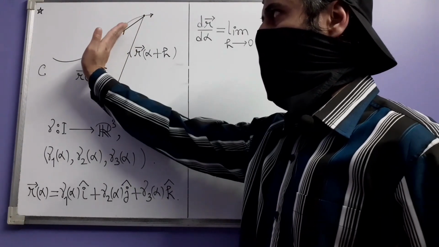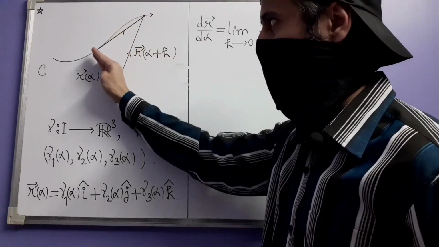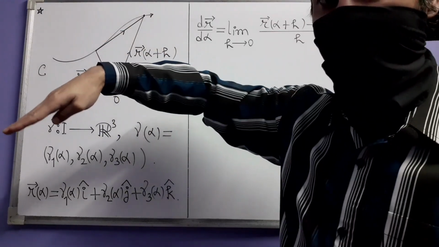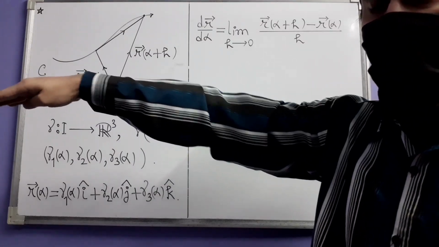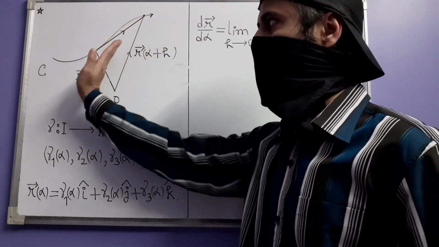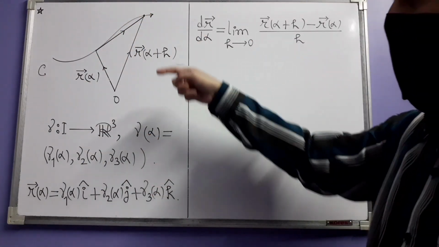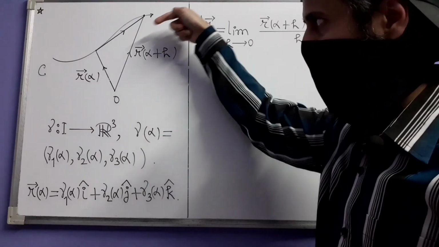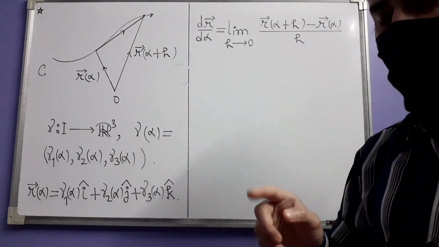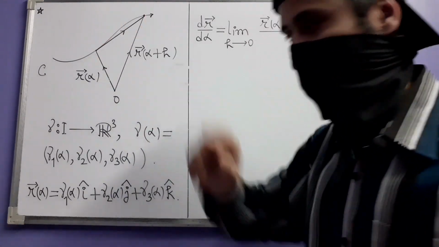It does not matter in what way it changes as this point slowly approaches this, but that general direction does not suddenly get flipped and become that direction. Okay. So it maintains this sense even as it changes. And in the limiting case, you get a vector in this general direction which coincides or which lies on the tangent to this curve at this point.